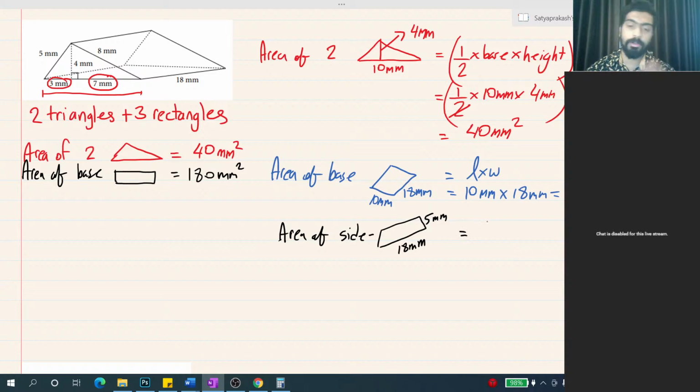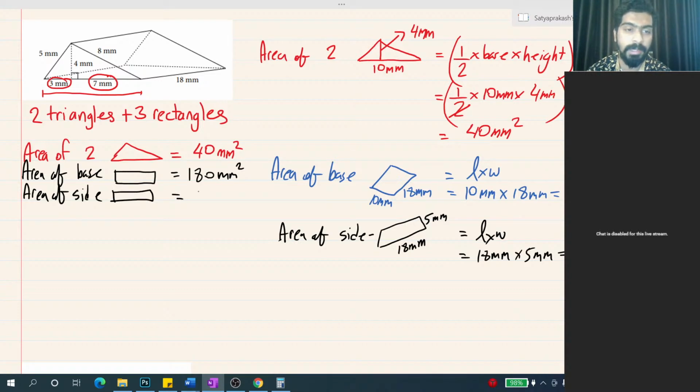Again, we start off by writing the formula down, which is length times width, which is 18 mm times 5 mm, which is 90 millimeter square. Area of side rectangle is 90 mm square.